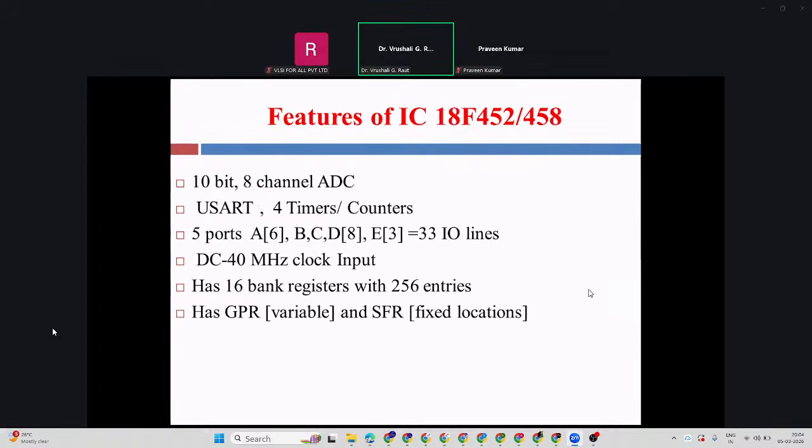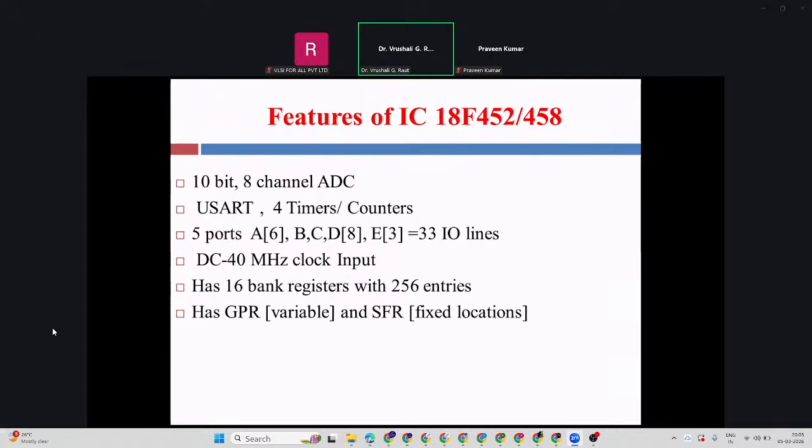I'll go for further thing, few more features. You'll be tired of features. Those many features are there in case of microcontroller, and these are general features of the architecture. Look, 10-bit, 8-channel ADC. 10-bit ADC means it is giving resolution of how much? 10-bit. Your one point will be resolved in 10-bit.